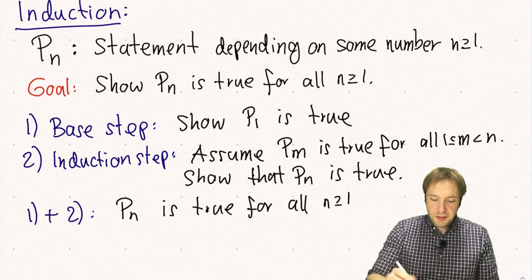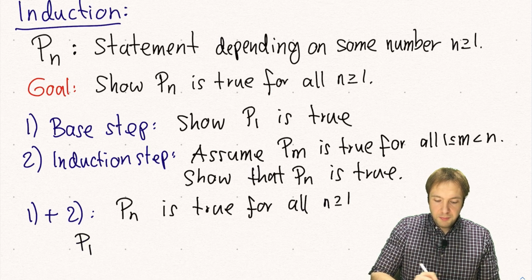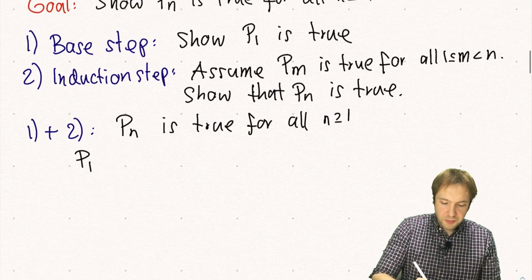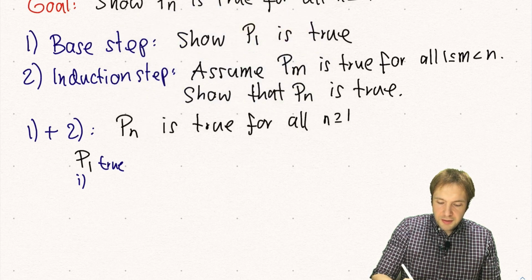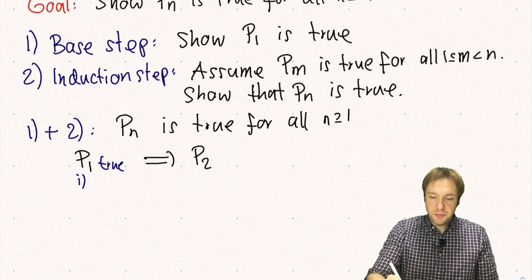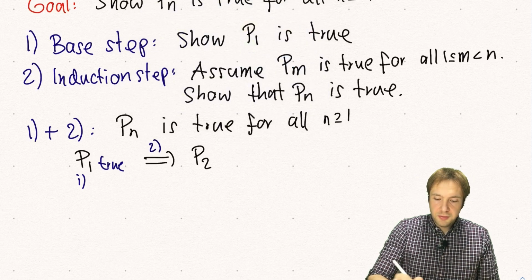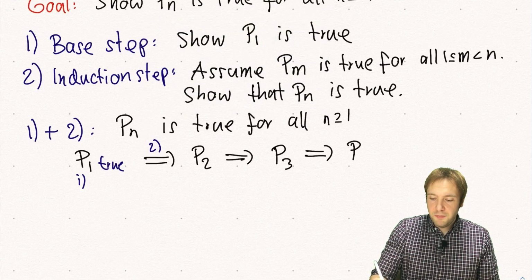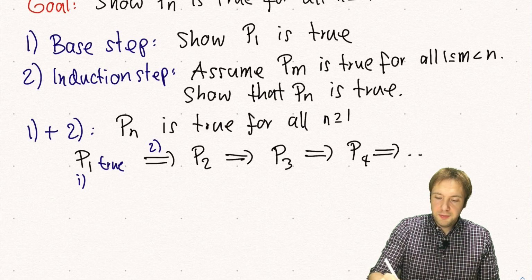Because in the first step you show P1 is true. So you show P1 is true by number 1. And then by induction step you show that P2 is true. And then again you'll see that P3 is true and P4 and so on.